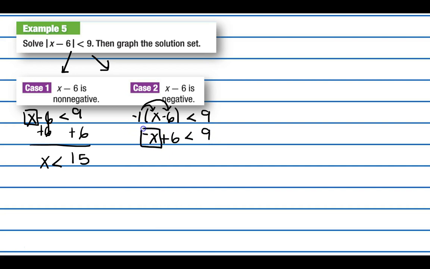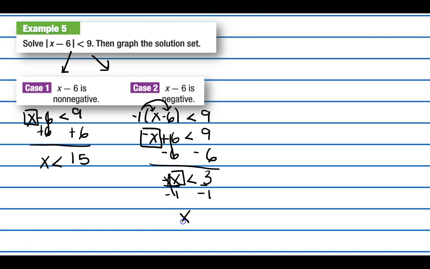Then we're going to box our 6 and subtract it from both sides. And then we have negative x, which is less than 3. I still have this negative here, so I'm going to box it. Between the negative and the variable is an imaginary 1, so I need to divide both sides by negative 1.